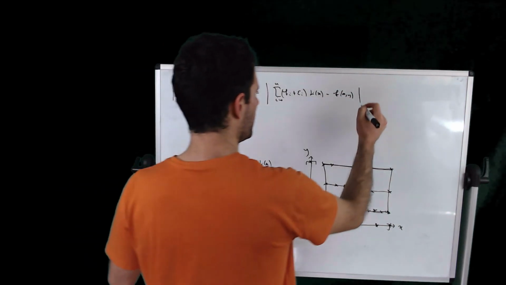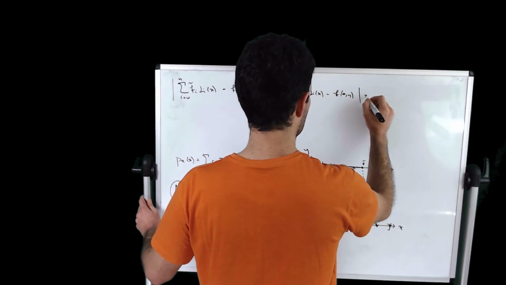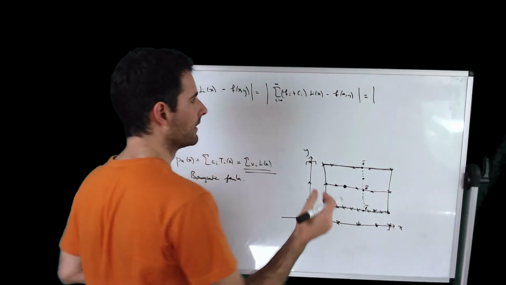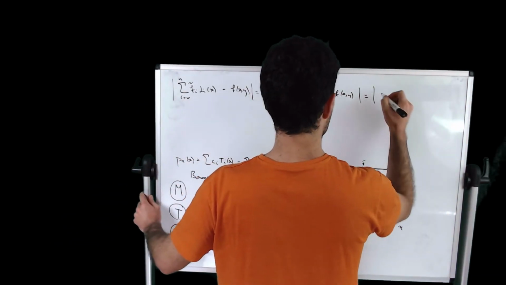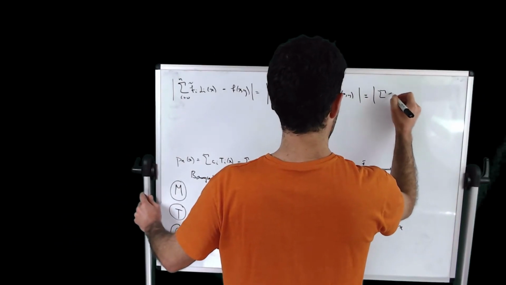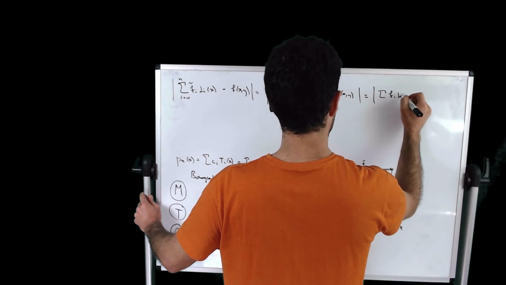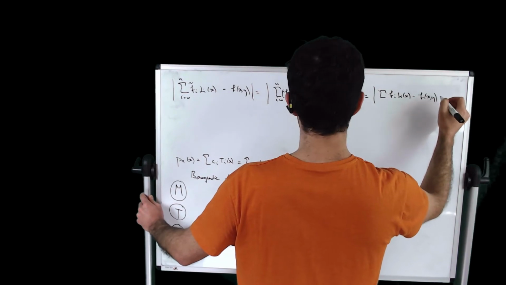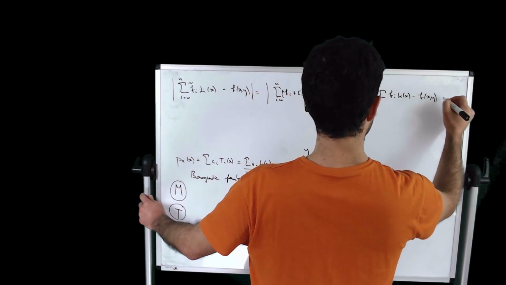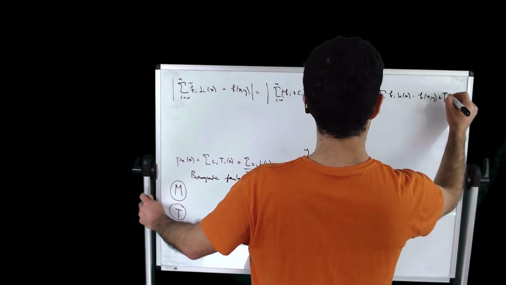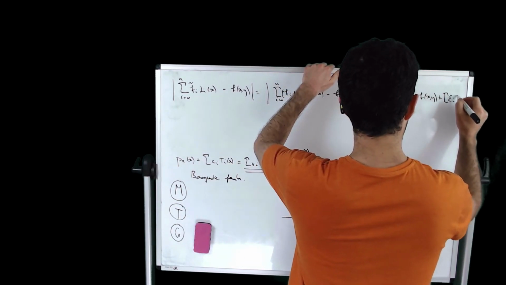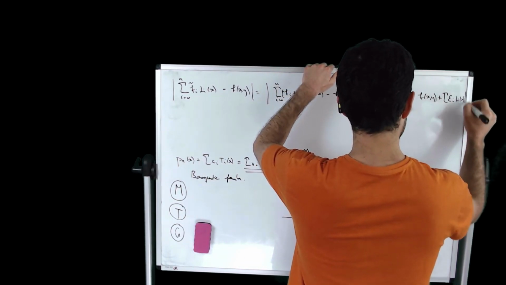And the important thing to notice is that we can regroup, and this is going to be very important because it's going to isolate the different sources of error. You can regroup this expression so that we get the sum of f of i times Li of x minus f of x comma y, plus another sum that is going to have only the errors here, epsilon i Li of x.